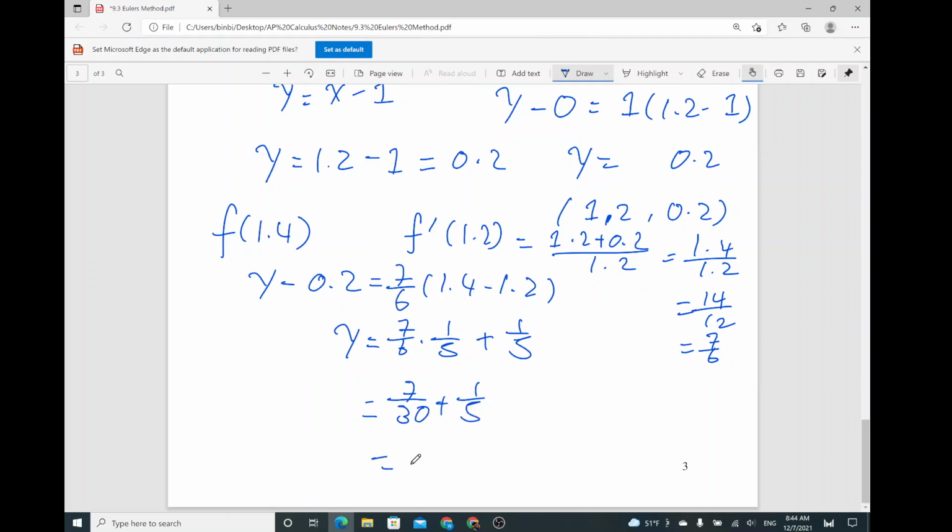You can use decimals, you can use fractions, but it's better to use fractions for this. It's easier to find out what that is. So common denominator, so 7 over 30 plus 6 over 30. So we got 14 over 30, no, 13 over 30. And then for 1.4, we find that it is 13 over 30.